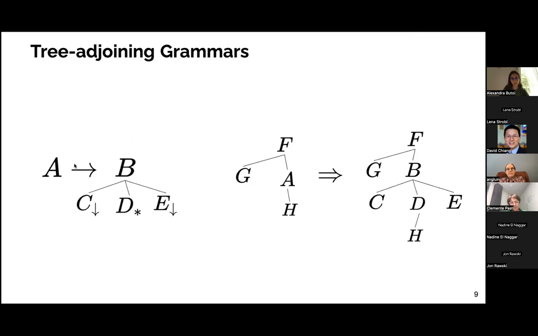As I showed here, the D node was the footnode, and the subtree of A, which was H, after substituting A with the tree on the right-hand side, gets attached back to D. So you need to know where to attach the subtree. I'm not sure if that makes sense. Yeah, thanks.